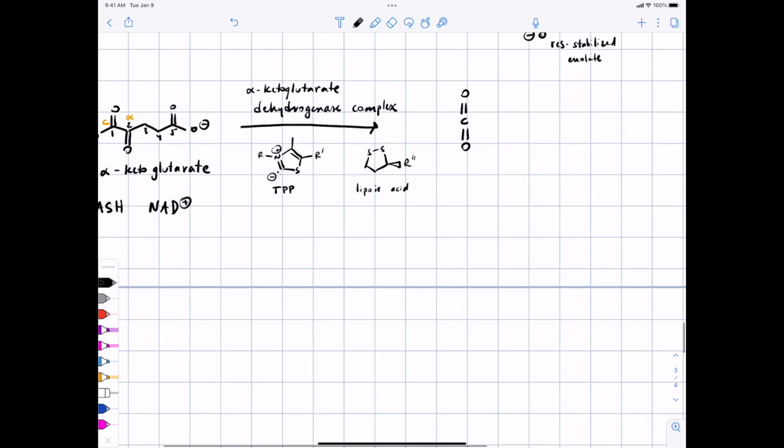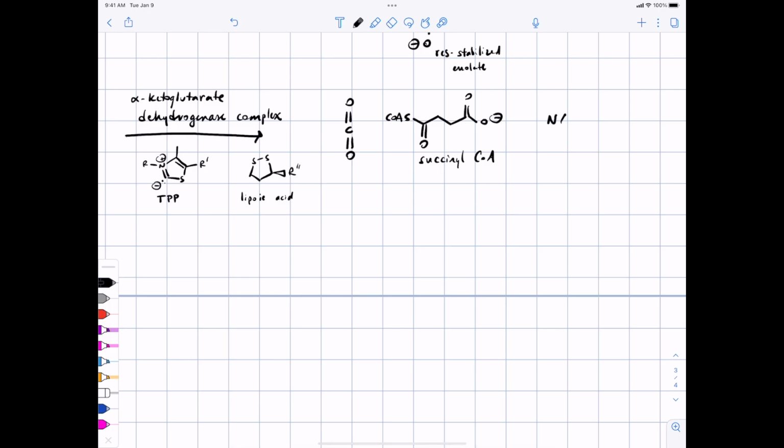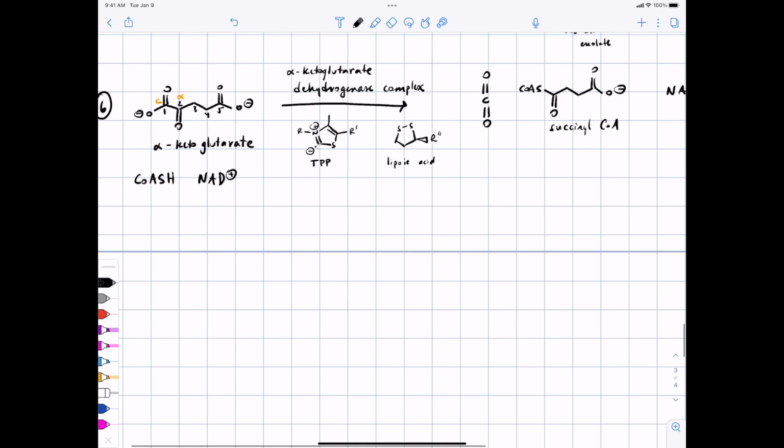And then what's going to be left is this now 4-carbon intermediate, which is called succinyl-CoA, and then also we're going to get NADH.